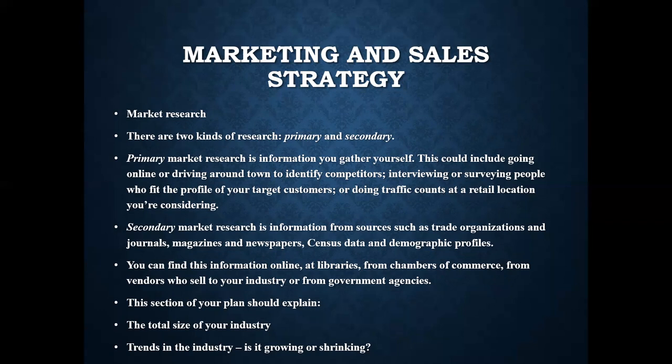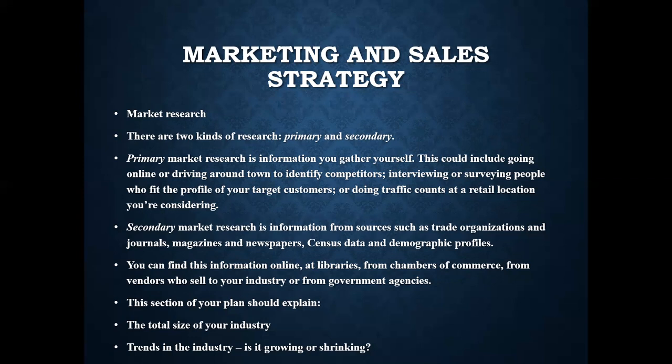So it's more subjective. The second type of research, and it's more objective, is called secondary research. It's information from resources such as trade organizations, journals, magazines, newspapers, census tract, and demographic profiles.